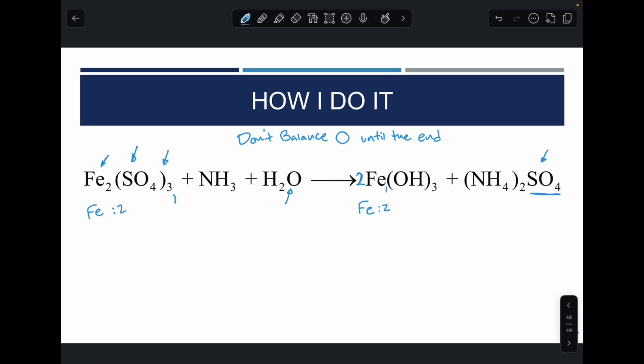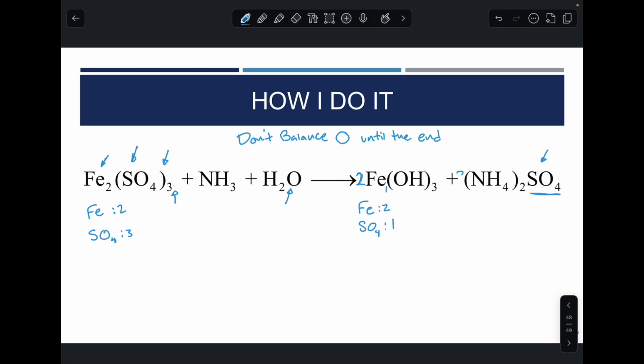And so I know that there are supposed to be 3 SO4s on the left-hand side, but there's only 1 currently on the right-hand side. So we have an S count of 3 on this side, and I'll make it actually an SO4 count, just to make it easier. SO4 count of 3 on this side, there's an SO4, I'll keep it the same way, SO4 count of 1 on this side.